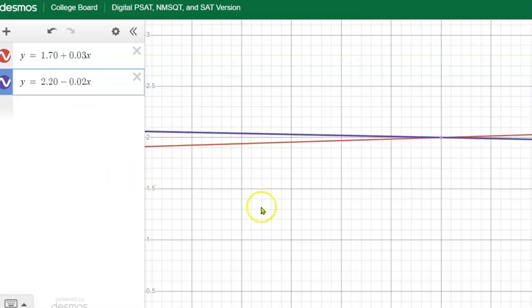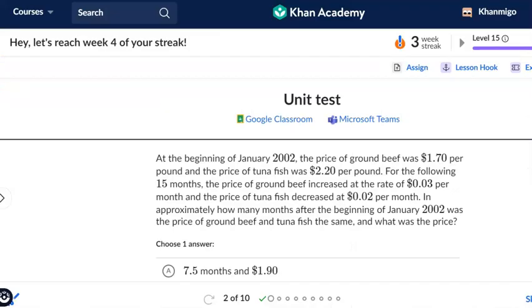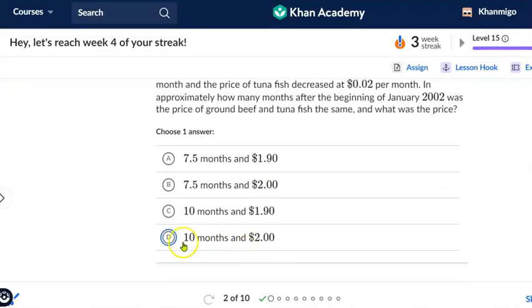And where do they intersect? Right there. Oh, well, that's nice. It even shows the point, 10 and 2. So it's 10 months and $2. Is that an option? 10 months and $2.